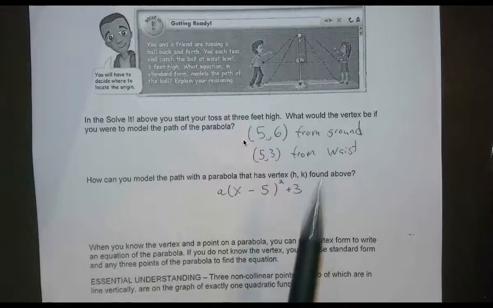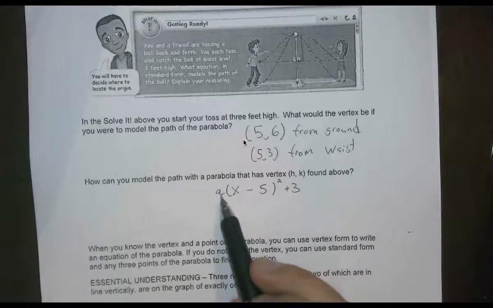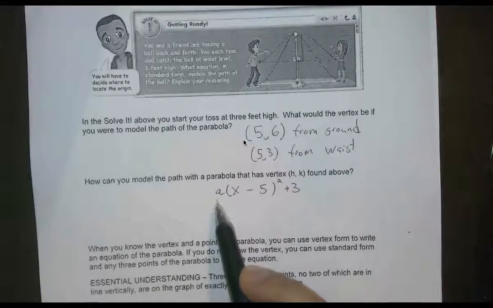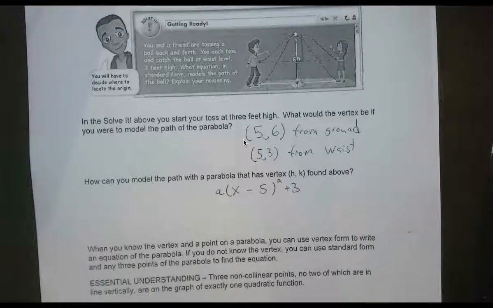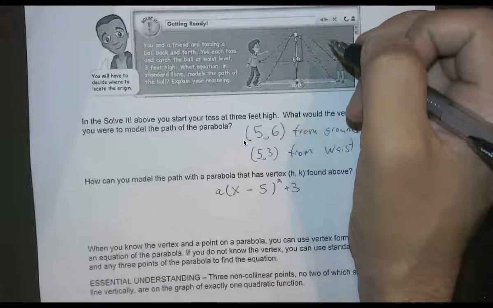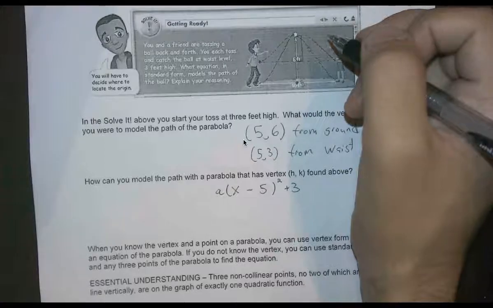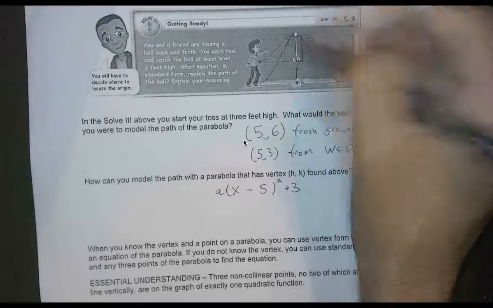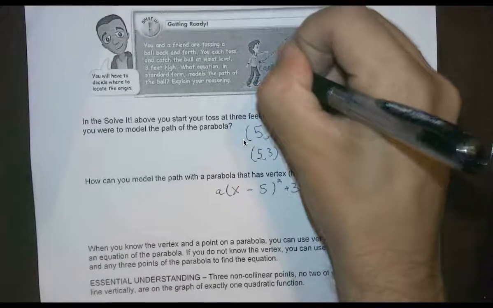We don't necessarily know what the a coefficient is, and this is kind of an issue that we come across in this section because we're just given points. So we know that, let's call this (0, 0) and (10, 0).